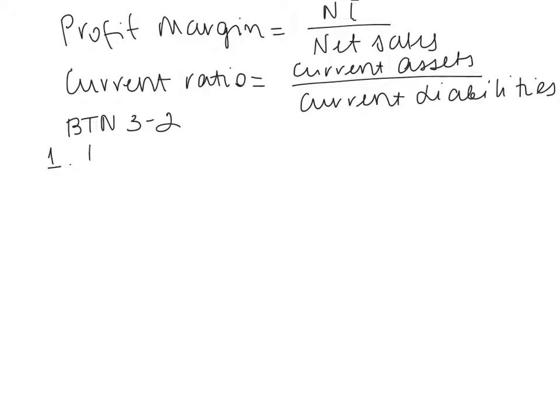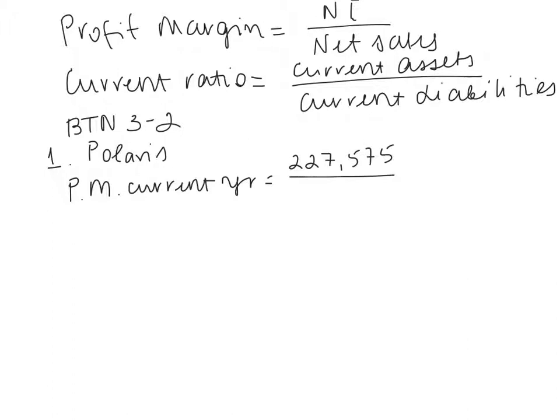So we're going to start with Polaris, and we're going to determine the profit margin for current year. For Polaris, for current year, we have net income of $227,575 divided by net sales of $2,656,949.